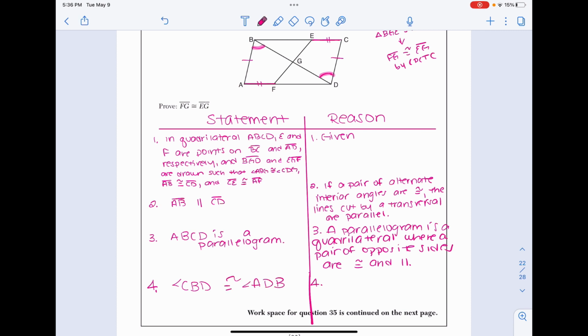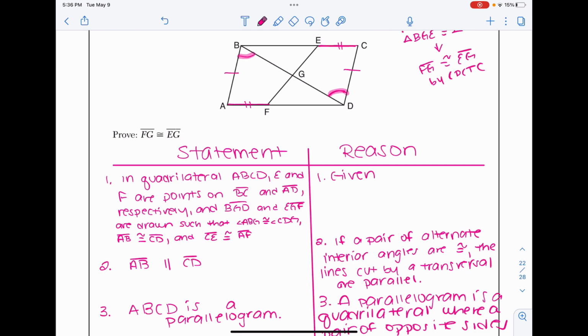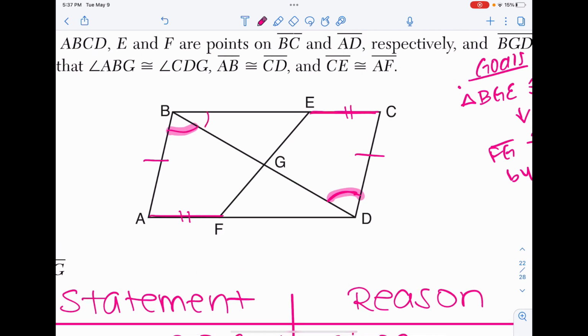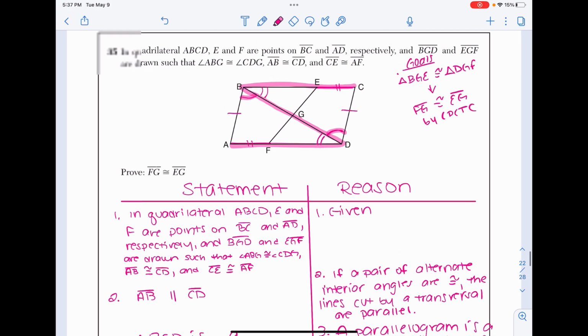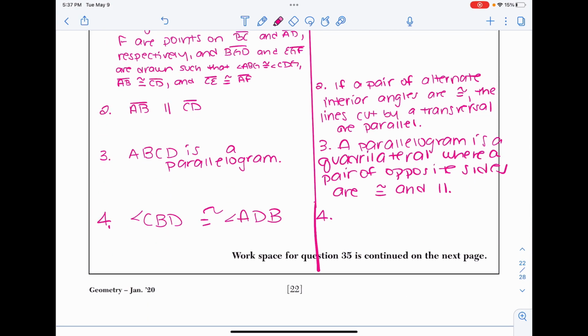And there's a pretty long explanation as to how I know that. So let me just mark off in my picture what I'm referring to. I know that this angle here and this angle here are congruent to one another. And the reason is because we know this is a parallelogram. That means opposite sides are parallel. That creates that Z shape going the other way. So I'm going to put all that information in reason 4.